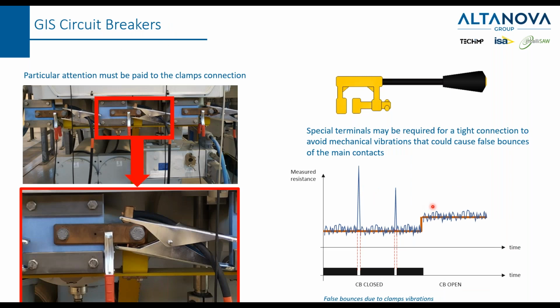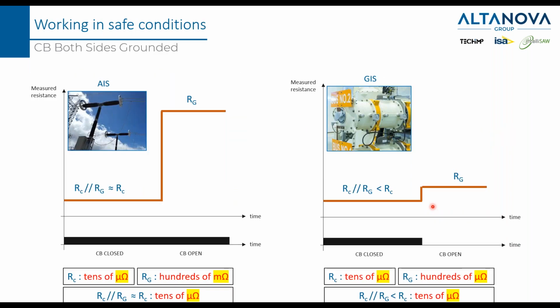Just to say, the method to test the timing of GIS breakers does not introduce new concepts. Once you learn the concept of both sides grounded, you already learned how to test GIS breakers.